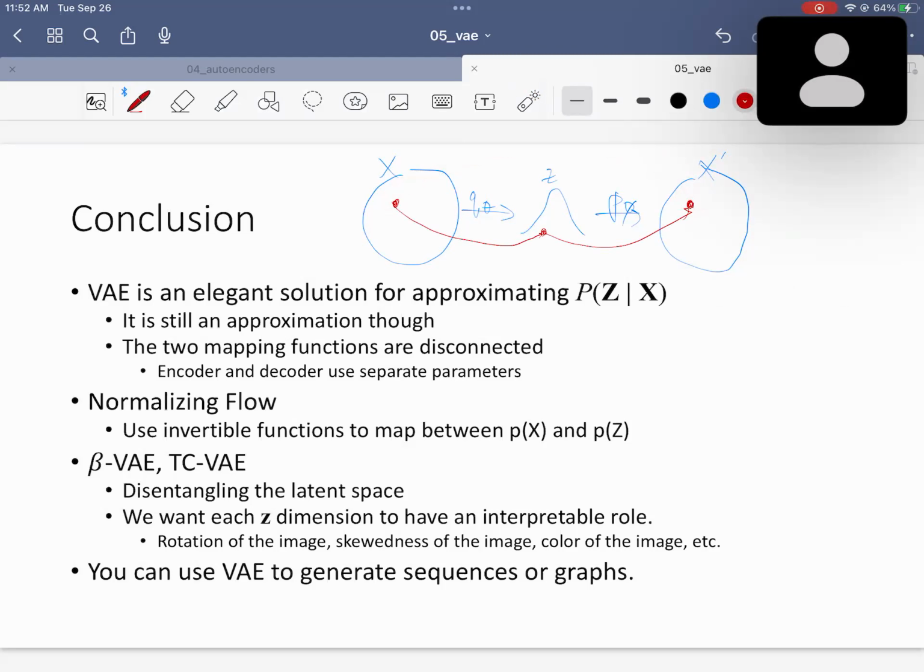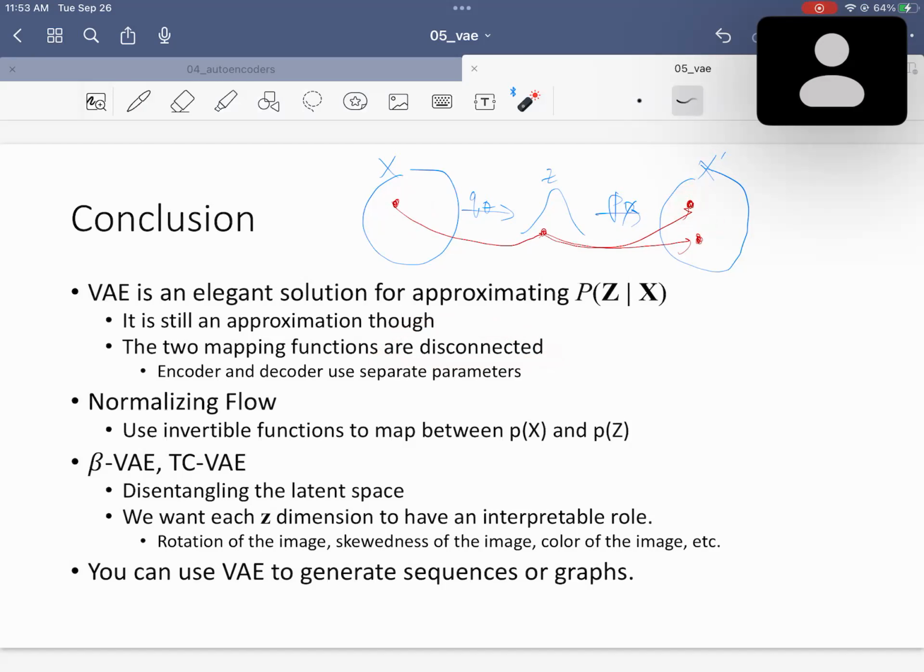The decoder could map this z to a completely different spot, which happens to look similar to this one. So that's where the two mapping functions are disconnected, and some people thought of this as a limitation.